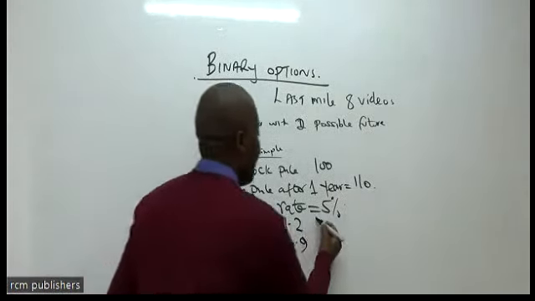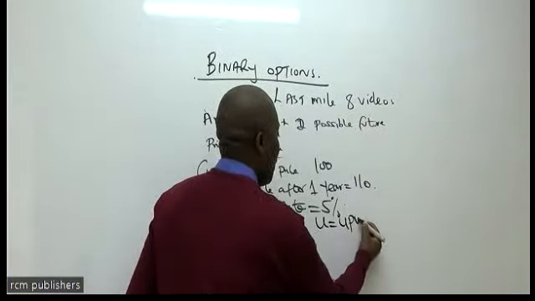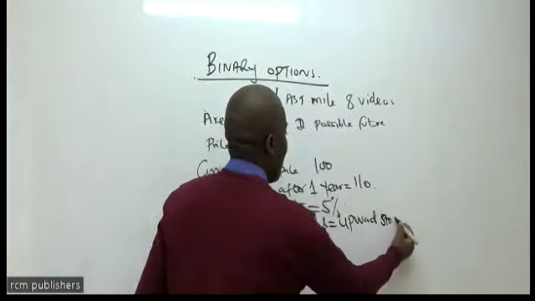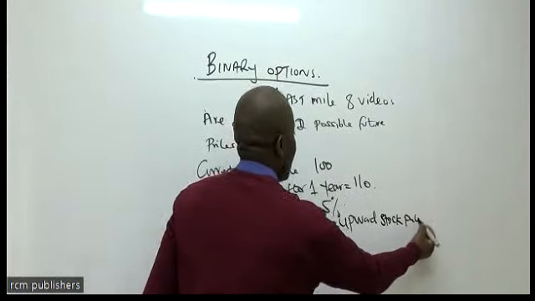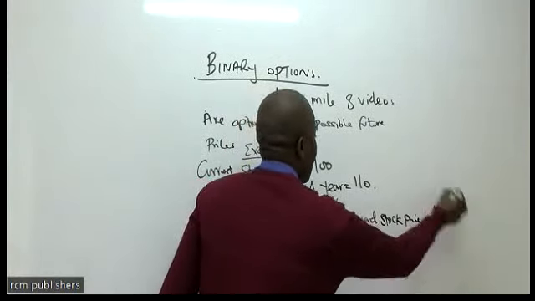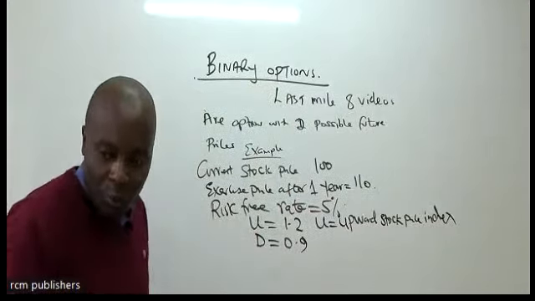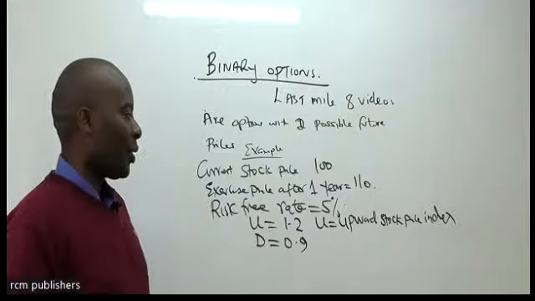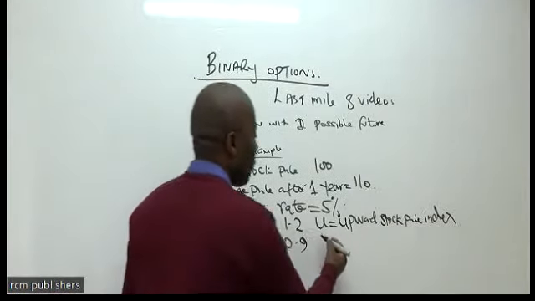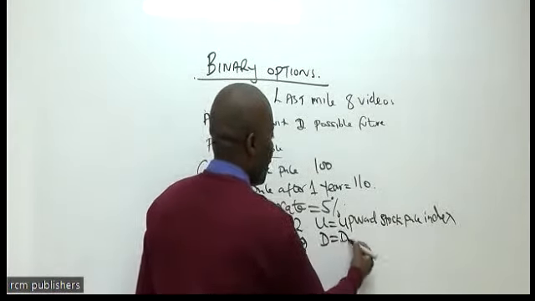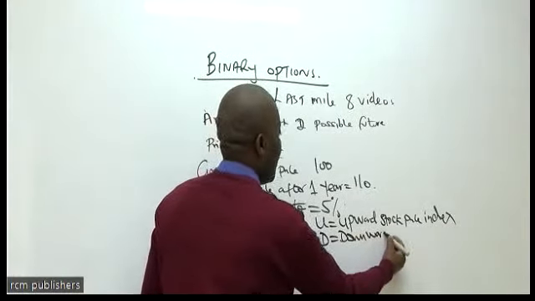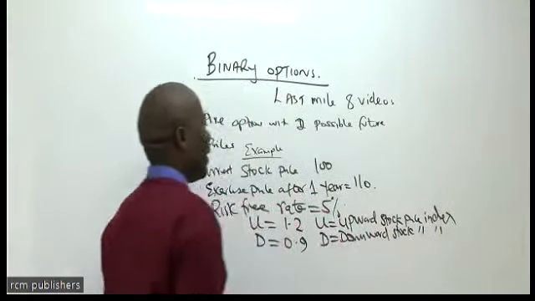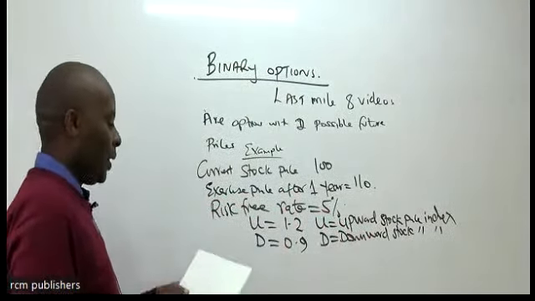So U basically stands for upward stock price index. That is U. And then D stands for downward stock price index.